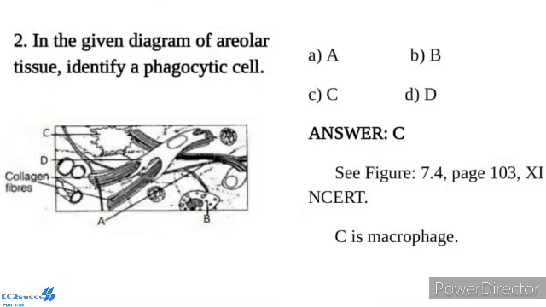Second question. In the given diagram of areolar tissue, identify a phagocytic cell. Shown in the diagram, loose connective tissue or areolar tissue. The connective tissues are formed by the mesoderm and bind other tissues together.